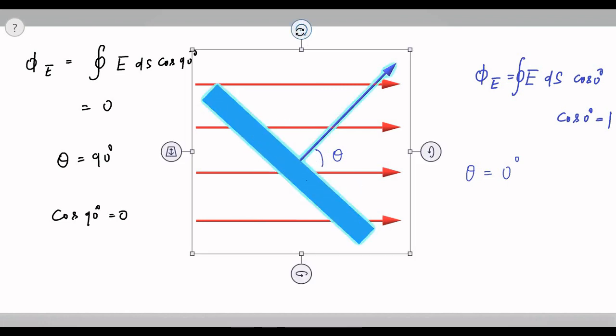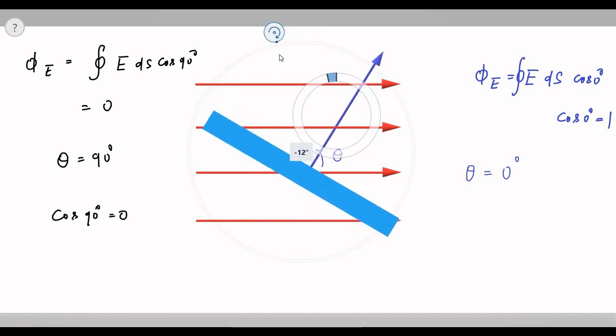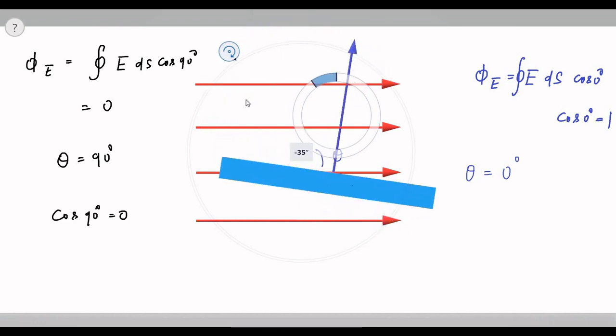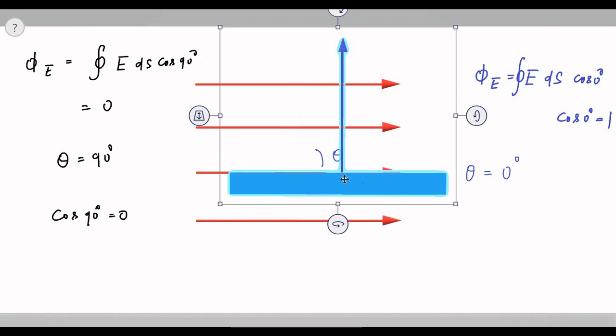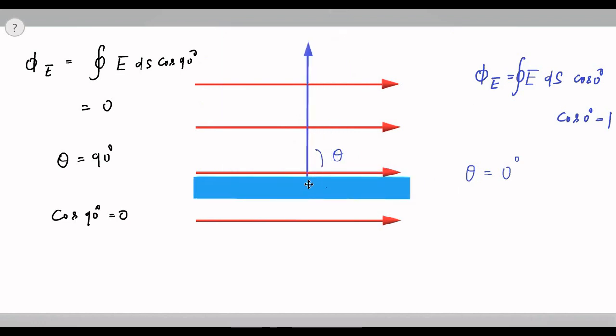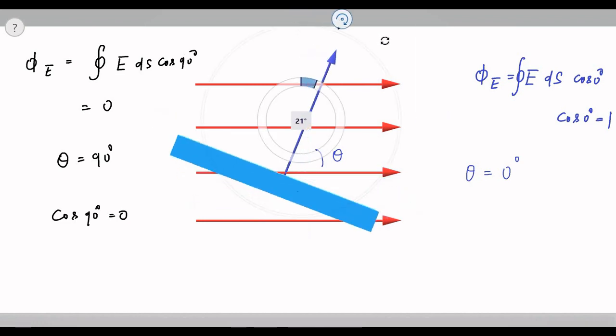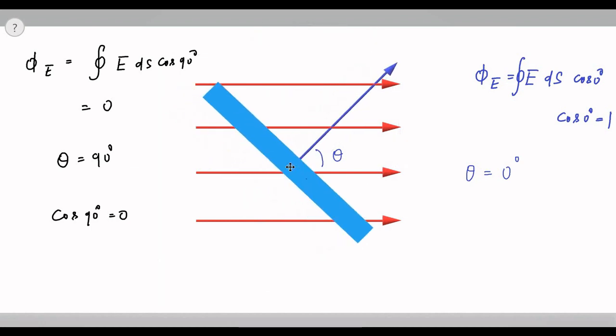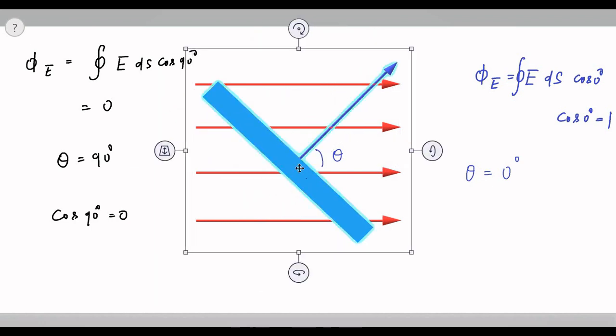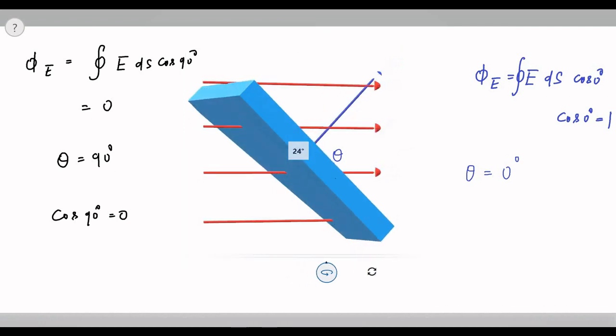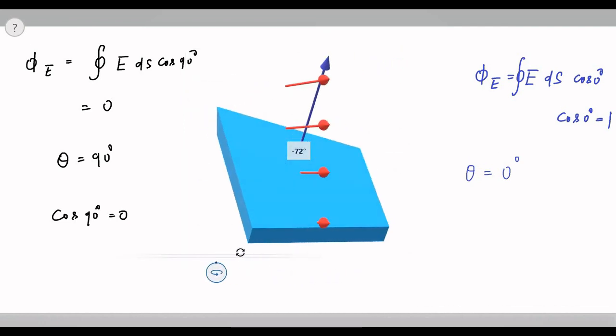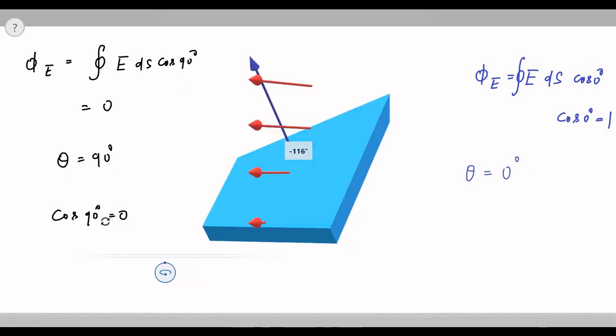As we keep on rotating like this, the number of electric field lines passing through the surface is decreasing, and when this angle becomes 90 degree between the electric field vectors and the area element vectors, no electric field lines are passing through it. If we rotate the whole system like this, you can see how it is happening. The electric field lines are passing through the surface like this.